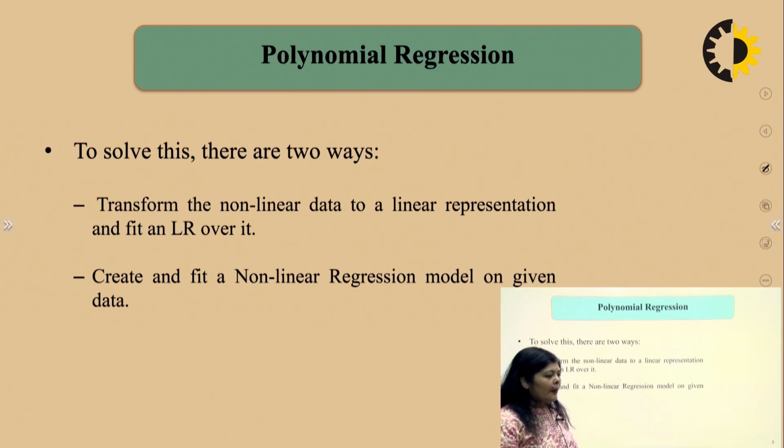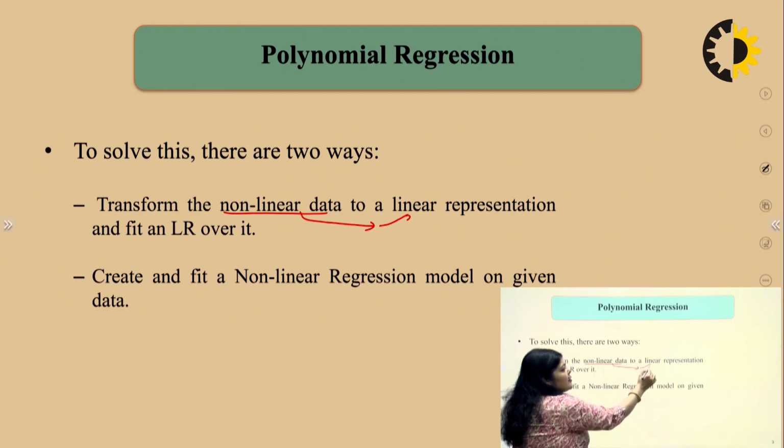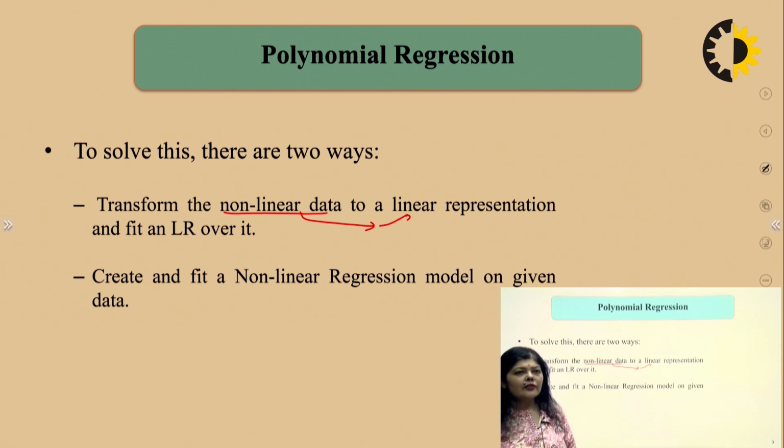In this approach, I'm going to perform one extra step where I convert my non-linear data to a linear representation. Once this is done, the data has been transformed into the linear domain, and then we can create a linear regression model and do the prediction using it.